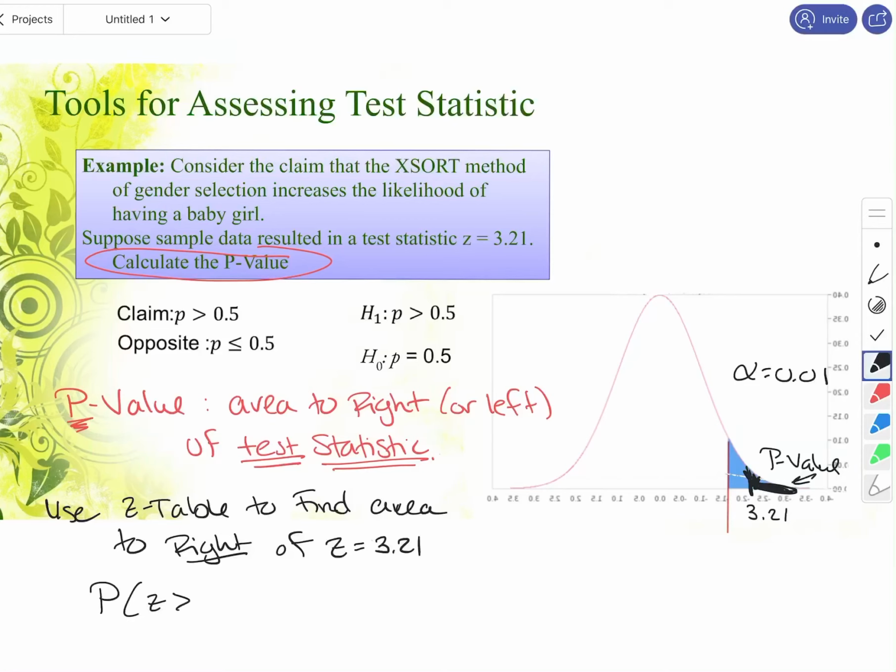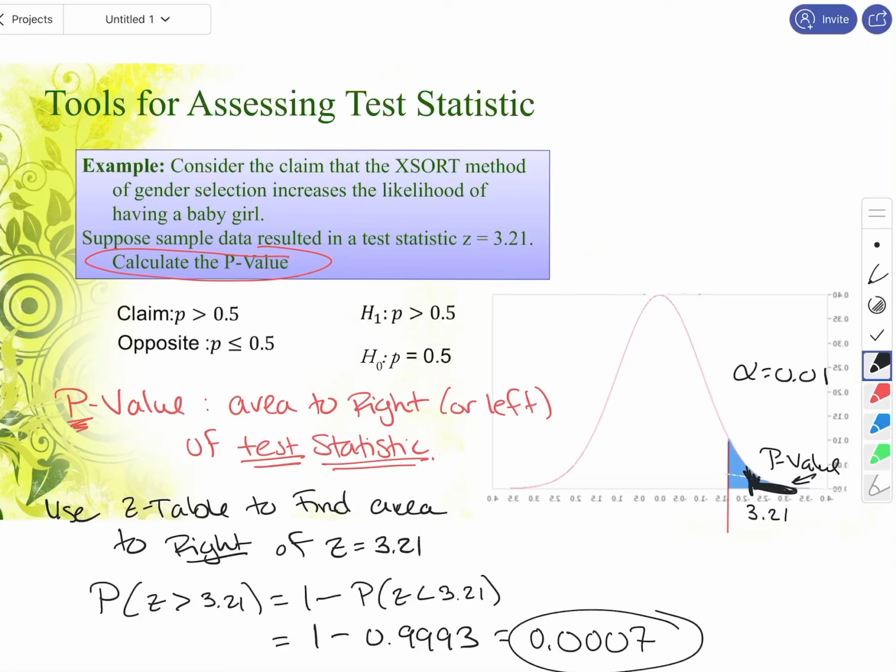So if we wanted the area to the right of 3.21, we'd have to do 1 minus the area of z to the left of 3.21. If we look that up on the chart or use your graphing calculator, I believe you get 0.9993. So our p-value is 0.0007. The black area you see shaded in over here, that is our p-value.